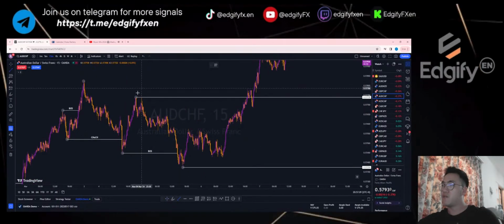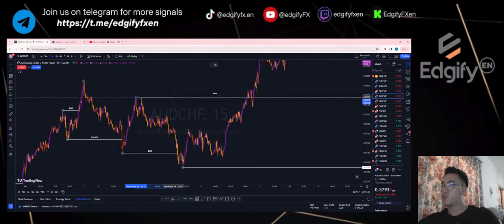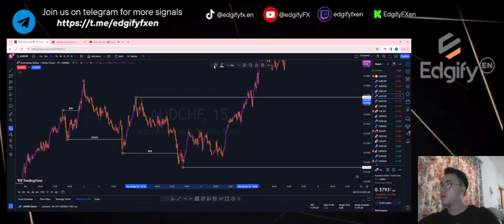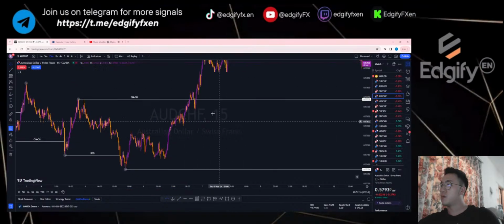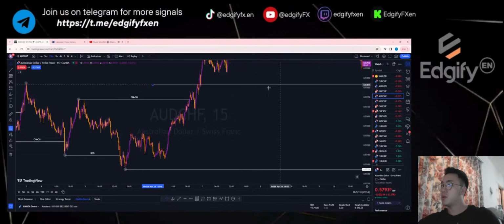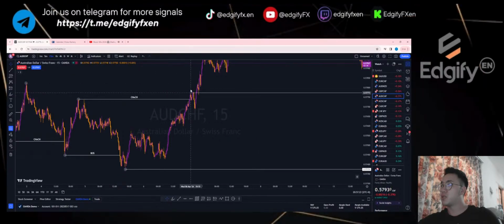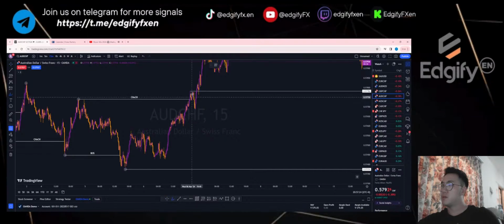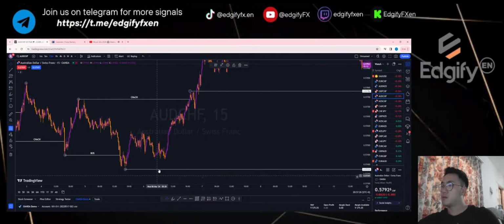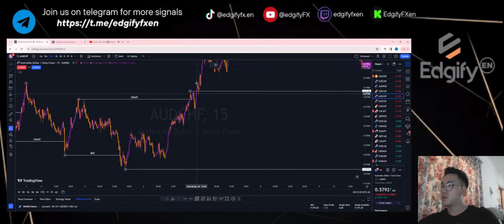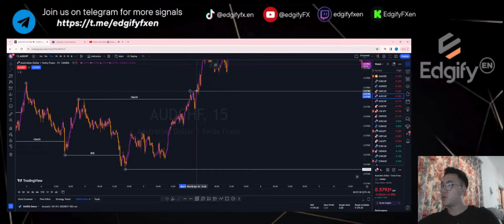And then we have this change in the market as well. I have this smaller retracement at this level. And we have a break as well.